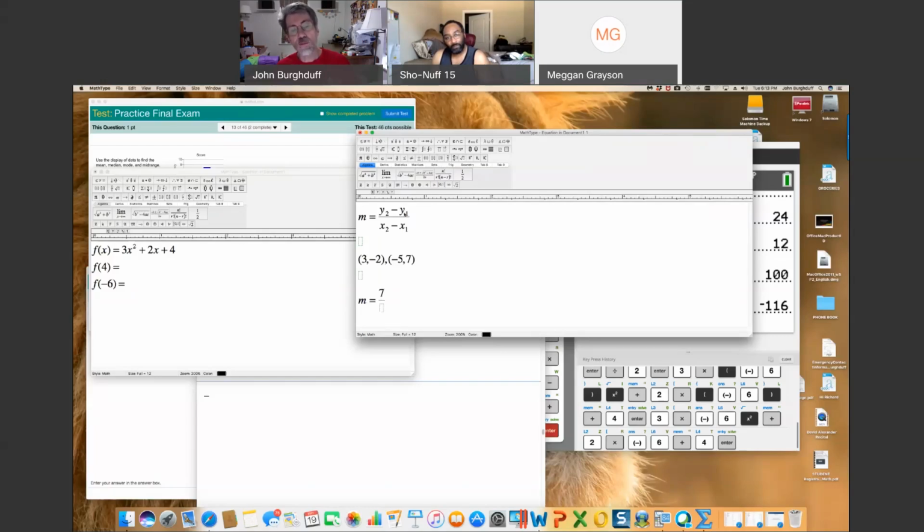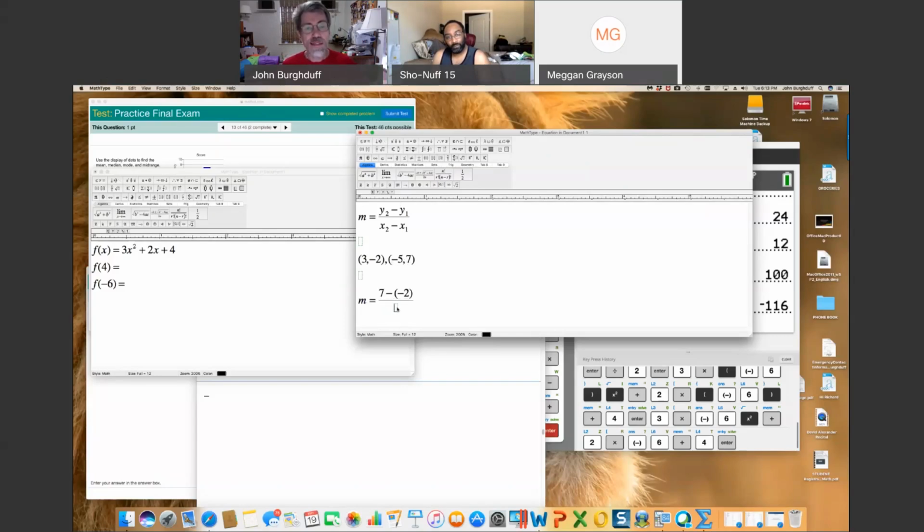y1 is the y from the first point. So that's -2. Now, I do have to make sure I'm watching the signs here. There's the minus sign from the equation and the minus sign from the point. And notice I'm putting my negative in parentheses there again. So the y from the second point minus the y from the first point, that goes on top.